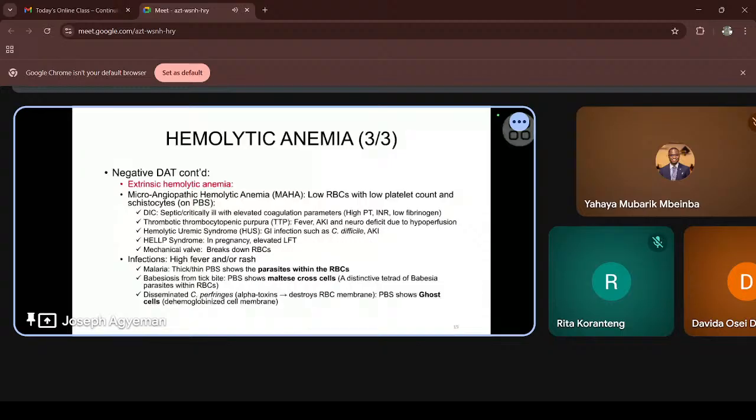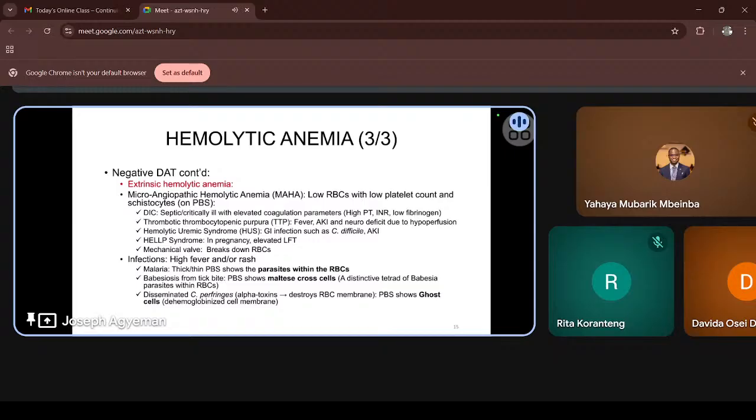So what are examples of the situations that can lead to MAHA, that is microangiopathic hemolytic anemia? We are citing disseminated intravascular coagulation.